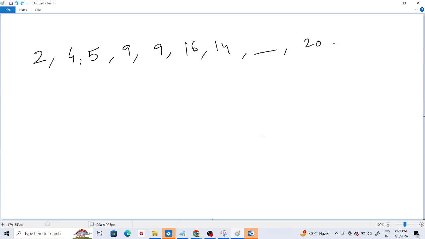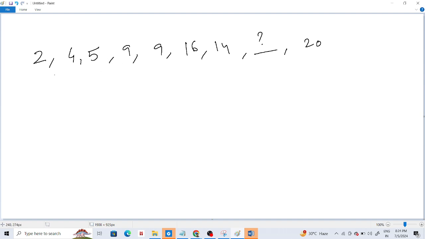Sorry, this last thing is not there. Okay, it's only the question mark portion, this one. What answer did you get, Rishika? I got 25. 25 is correct.